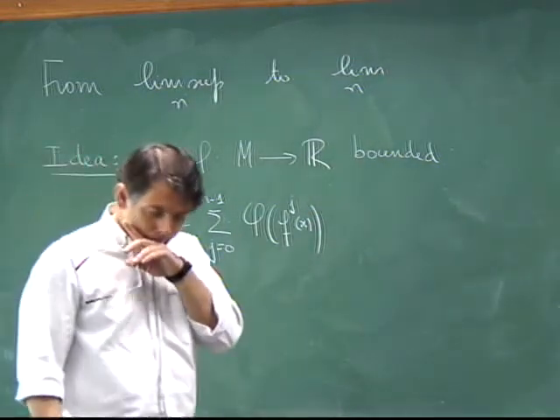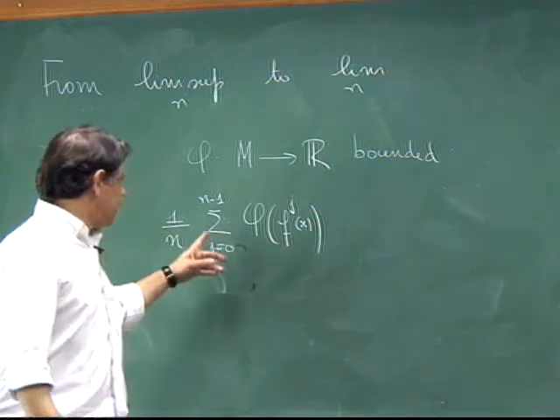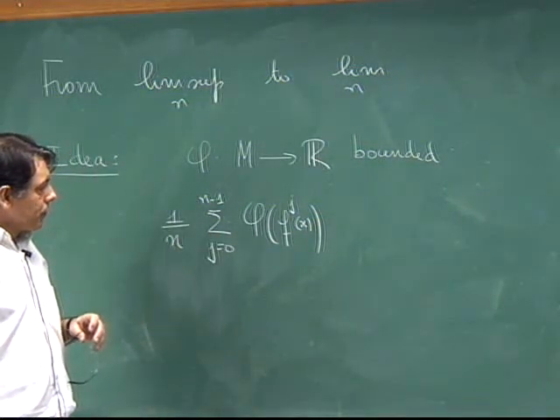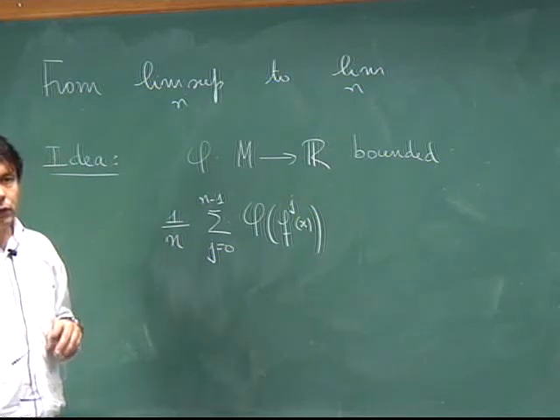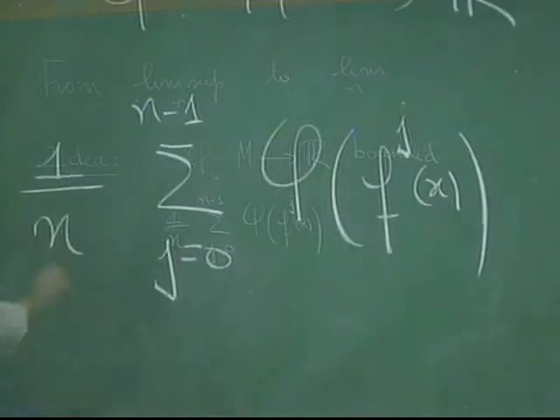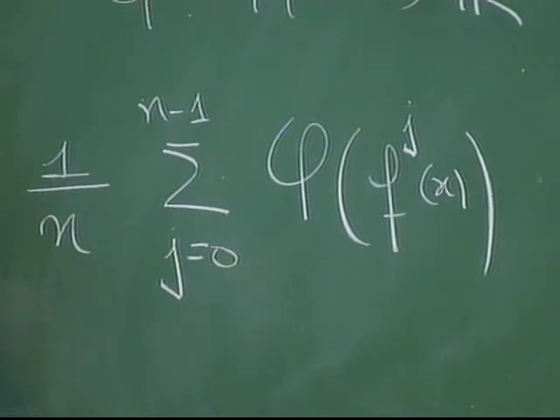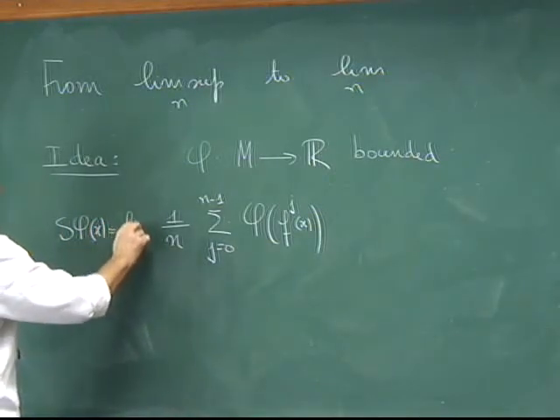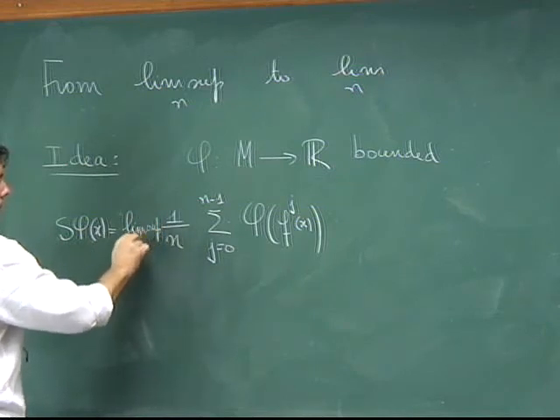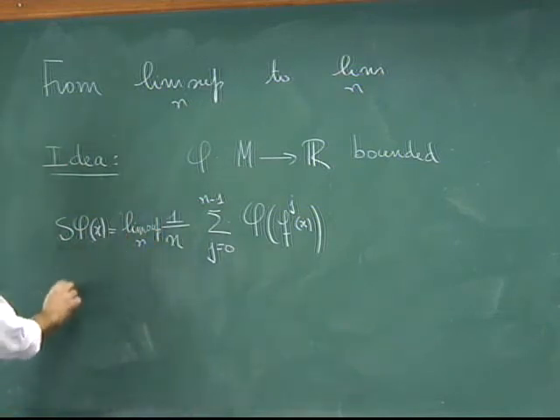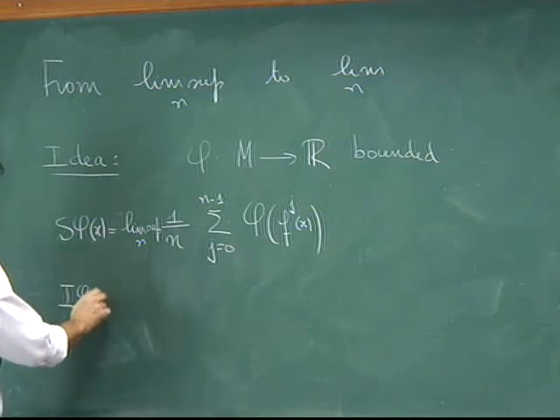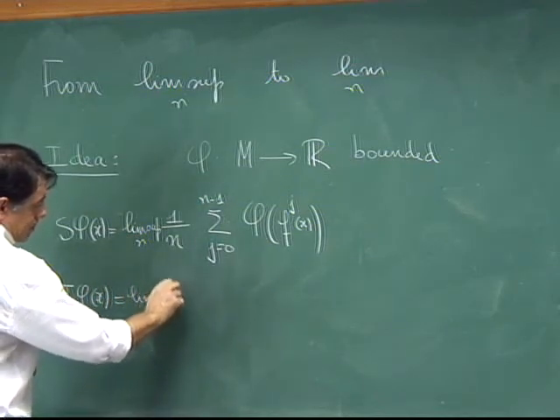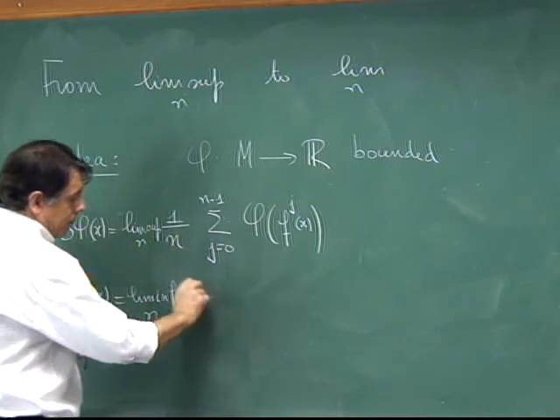You look at the average of the function over the first n iterates of a point x, and then you make n go to infinity. Of course, you can define S phi of x to be the lim sup of this, and you can define I phi of x to be the lim inf of the same.